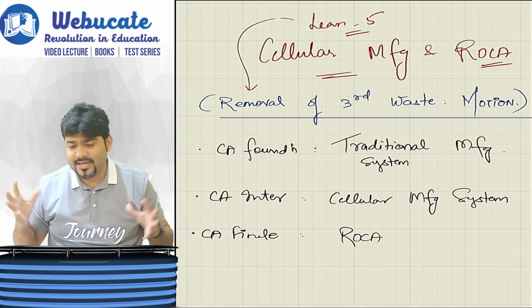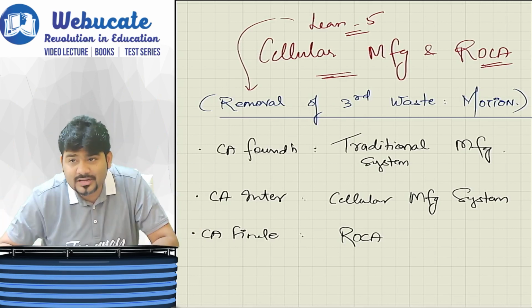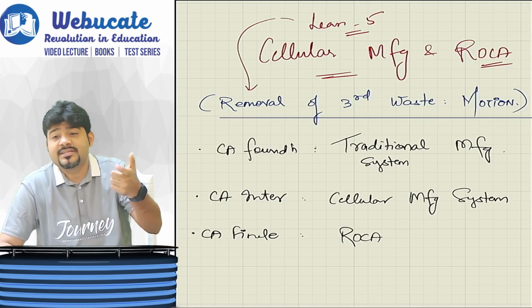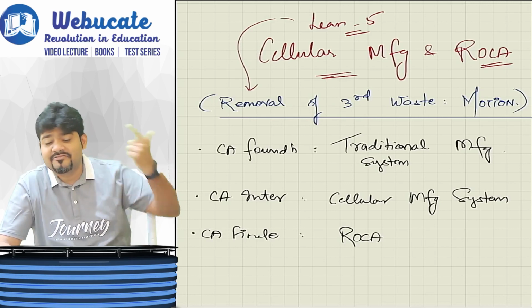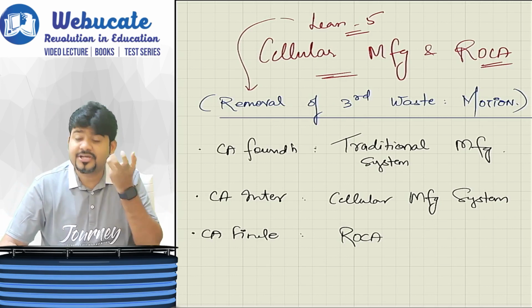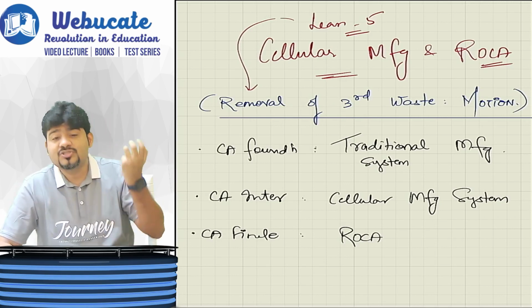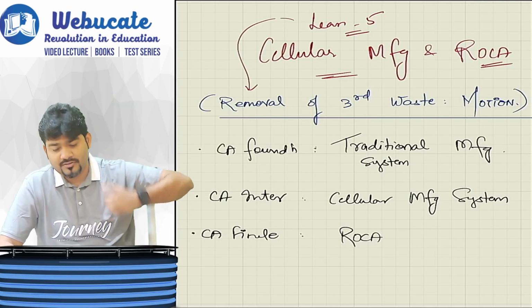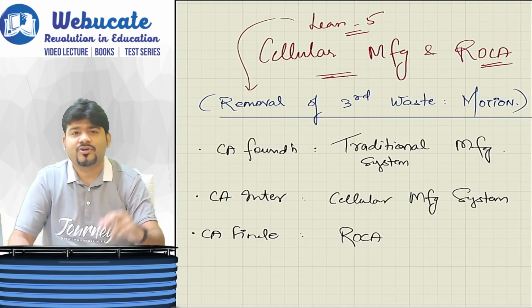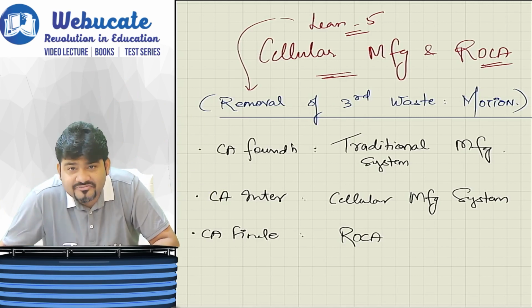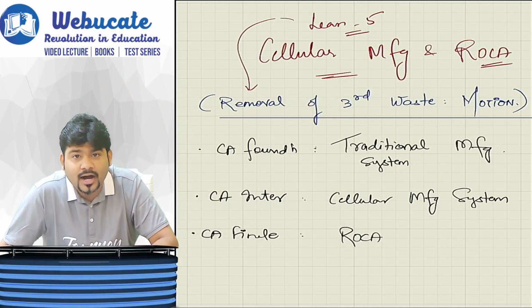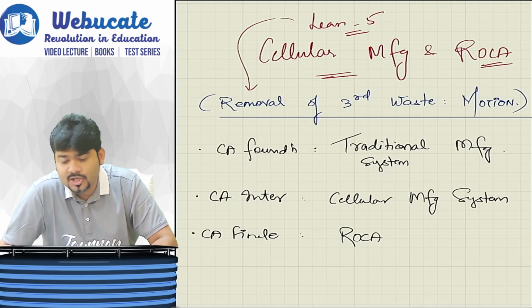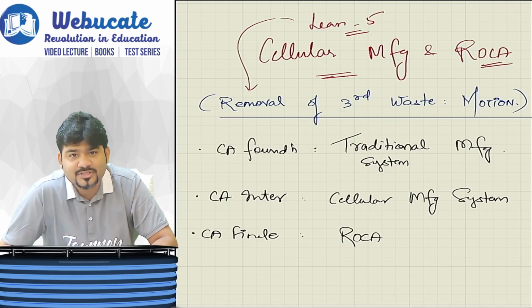So there are so many options which kept on evolving. As I told you, necessity is the mother of invention. A necessity was felt that this particular organizational way is not able to solve my problem, so I will have to evolve, giving rise to the concept of cellular manufacturing and ROCA.